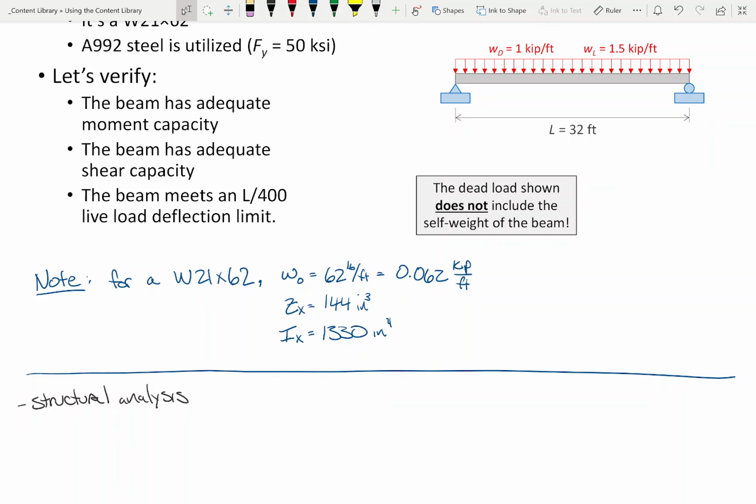I've been teaching this class for a long time, and this is one of the areas where I have seen students make boo-boos. So the habit I want to train you on is to think of the dead loads and the live loads as completely separate problems. Completely separate problems, okay? So let me walk through that.